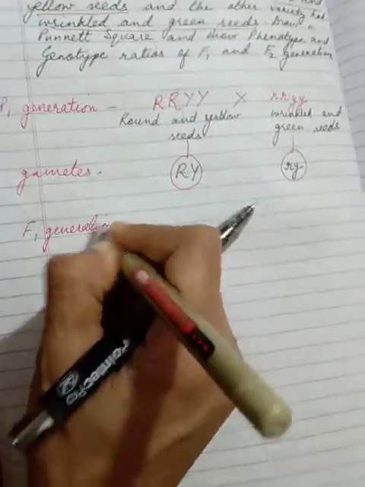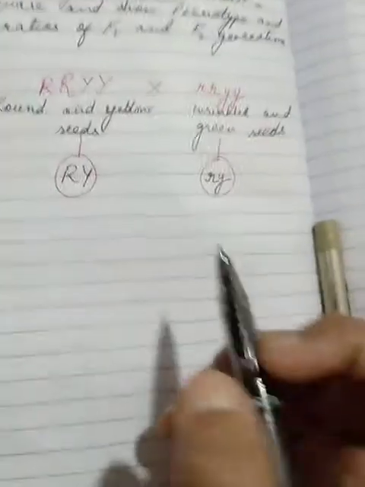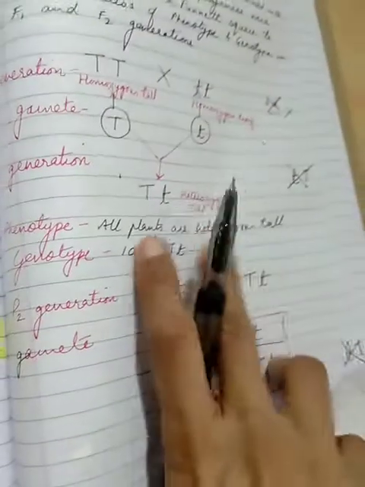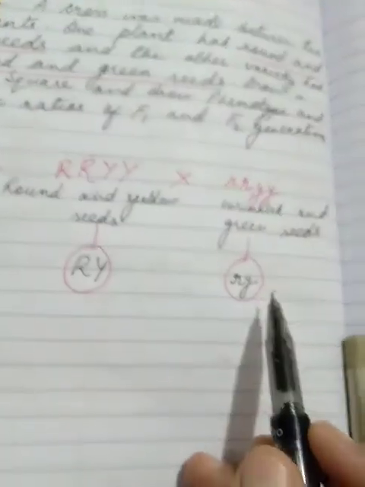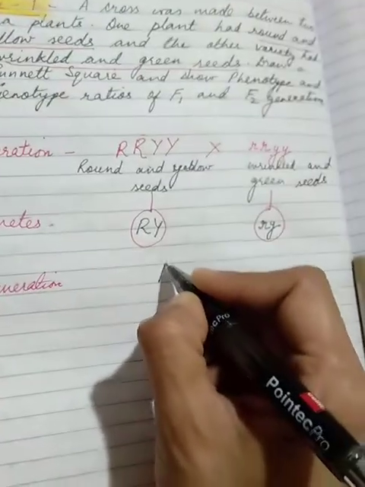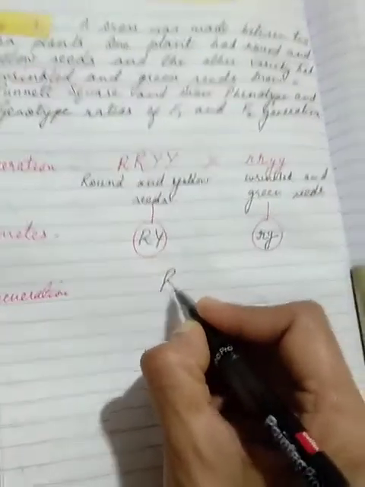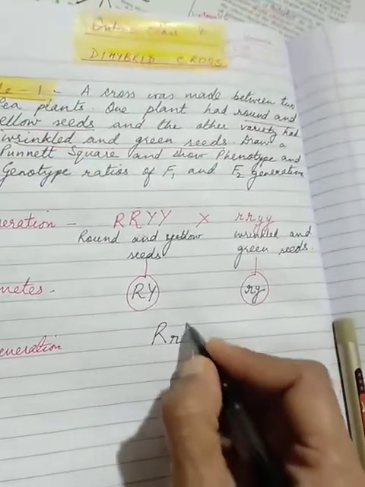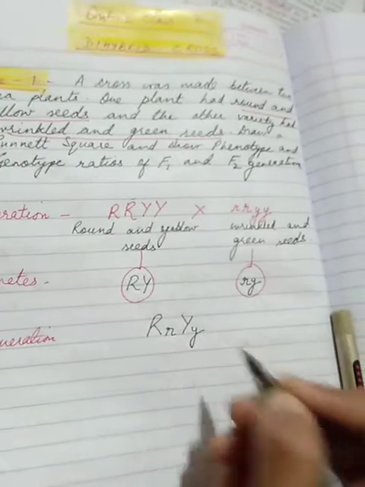Now coming to the third step, that is F1 generation. Now here you have to learn. In this, children, last time it was easy. We had just one alphabet, T and T, we brought together, giving priority to the capital. But this time we have two alphabets. Now what we are going to do is, we will keep same alphabets together. That is capital R, again a priority to be given, followed by small r, capital Y and small y.